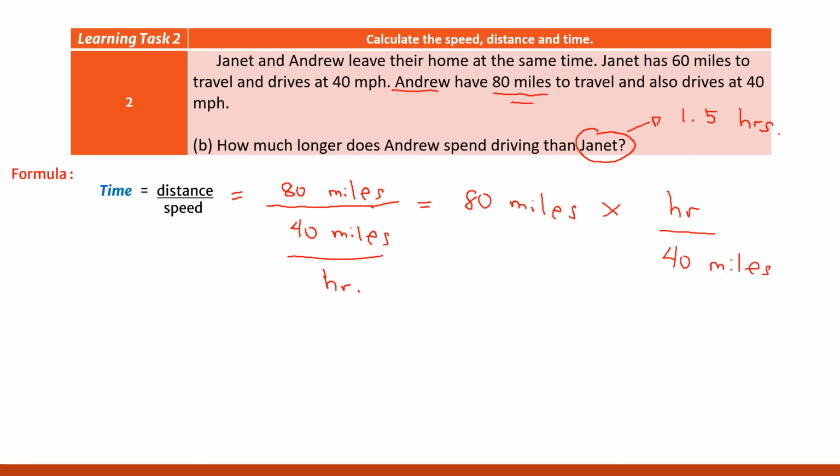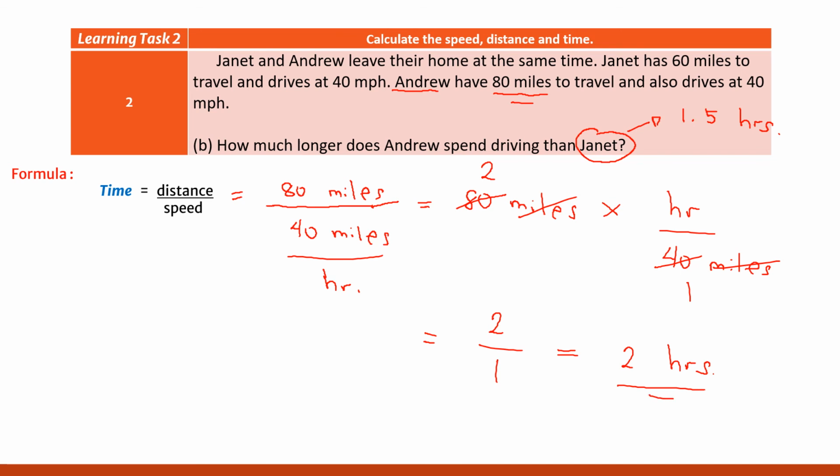Tama? Okay? So, cancel yung miles. And then, if you look at 80 and 40, pwede siyang ma-lowest term by 40. So, 80 divided by 40, the answer is 2. And 40 divided by 40, the answer is 1. So, very obvious, we have now 2 over 1, or simply 2 hours. Ibig sabihin, ito yung time travel na kailangan ni Andrew.